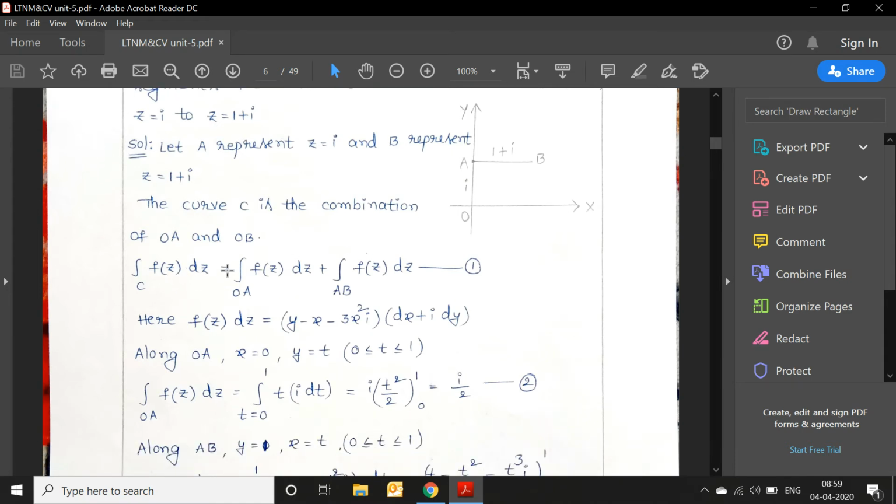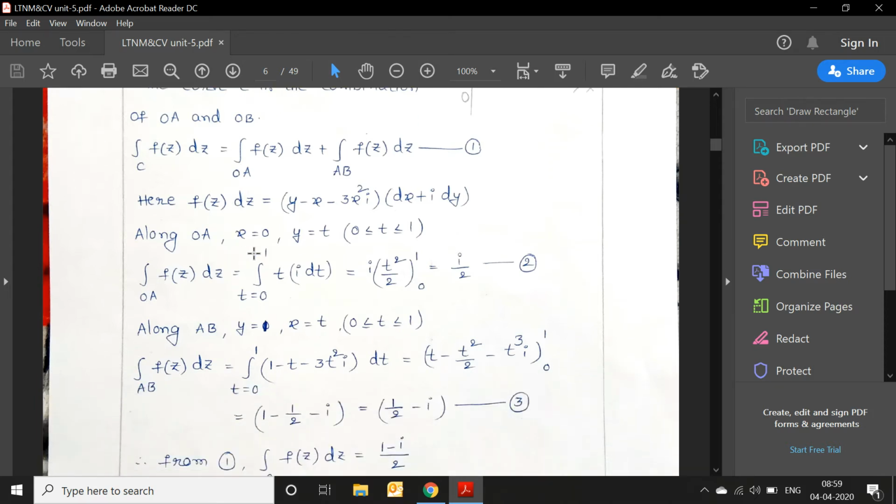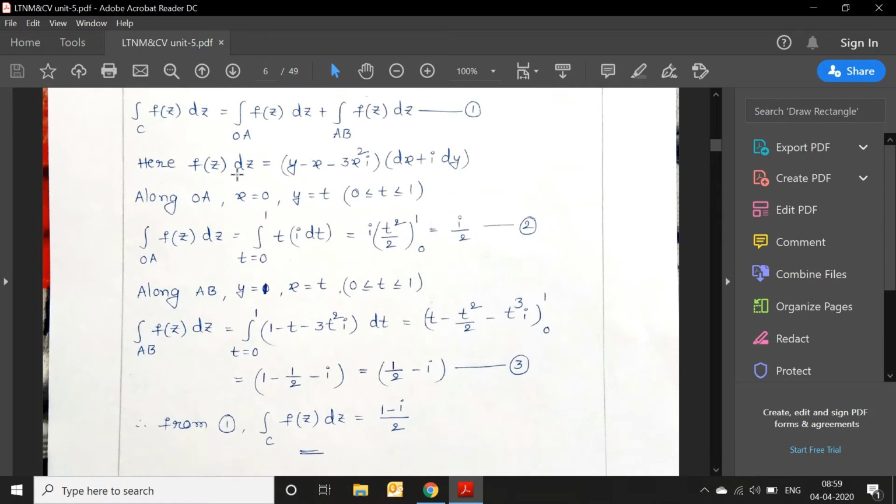The integral over C of f of z dz is written as the combination of two integrations: the integral over OA of f of z dz plus the integral over AB of f of z dz. Here f of z dz is equal to (y minus x minus 3x square i)(dx plus i dy). Along OA, x is equal to 0, y is equal to t, and we can take 0 less than or equal to t less than or equal to 1.